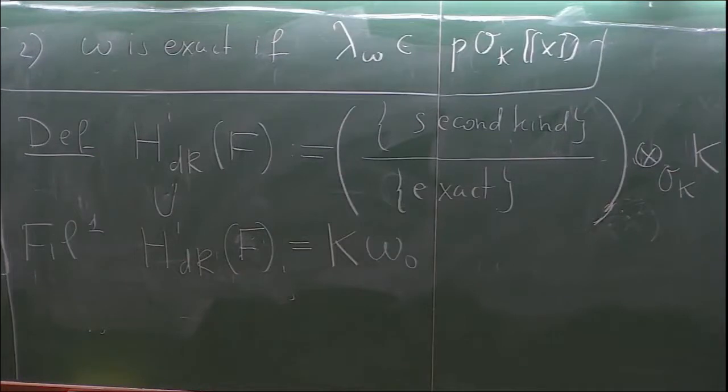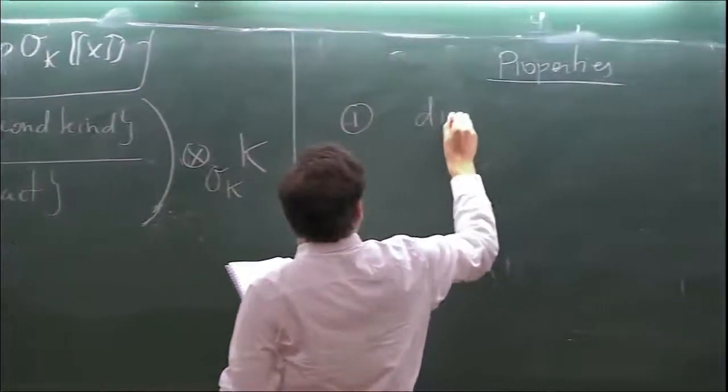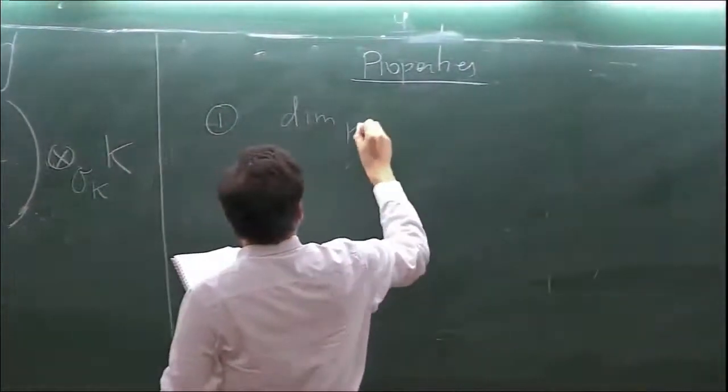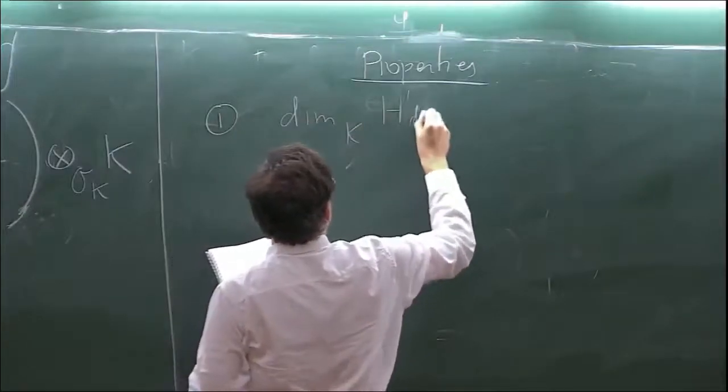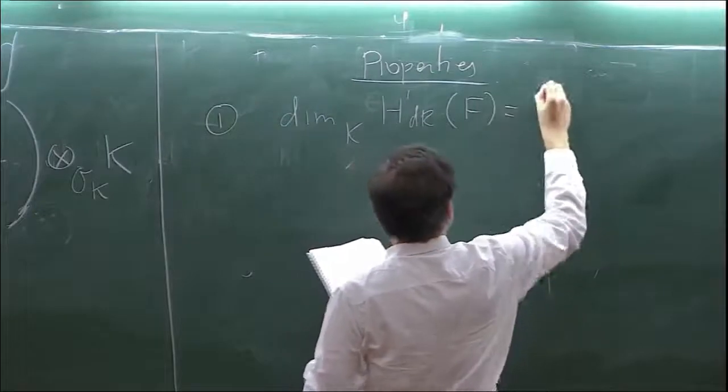What are the properties of this object? So this is a finite dimensional K vector space of dimension equal to the height.